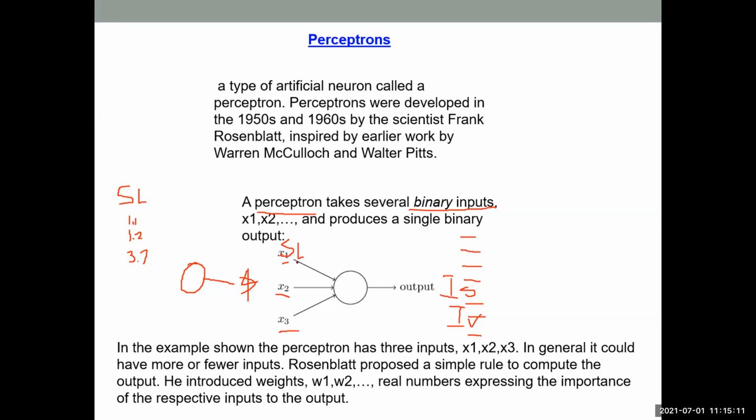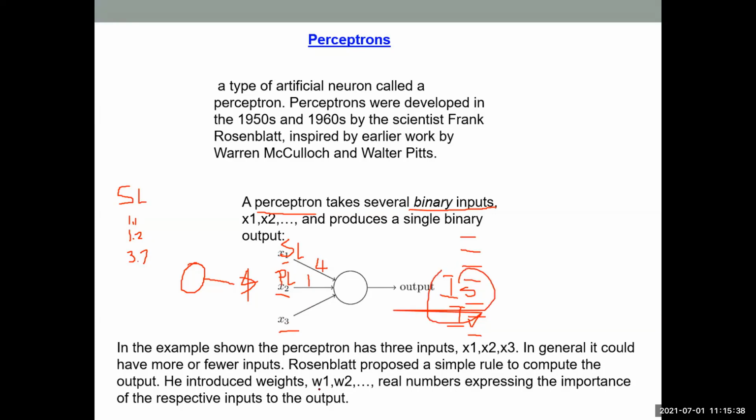Well, I think that sepal length has an importance of 4 as opposed to petal length, which only has a weight of 1. So he put these weights here to indicate how important these are in predicting whatever we're trying to predict.